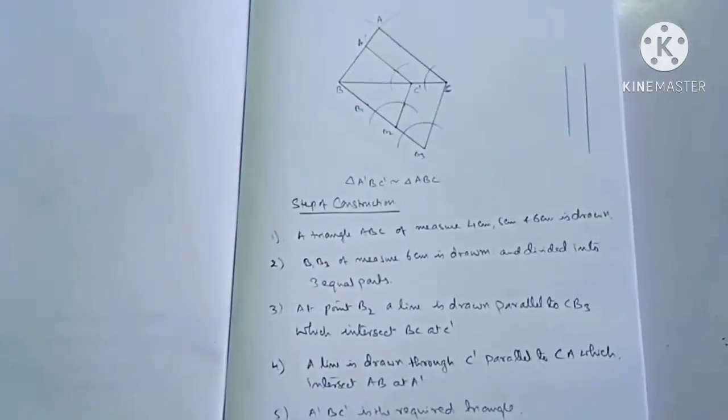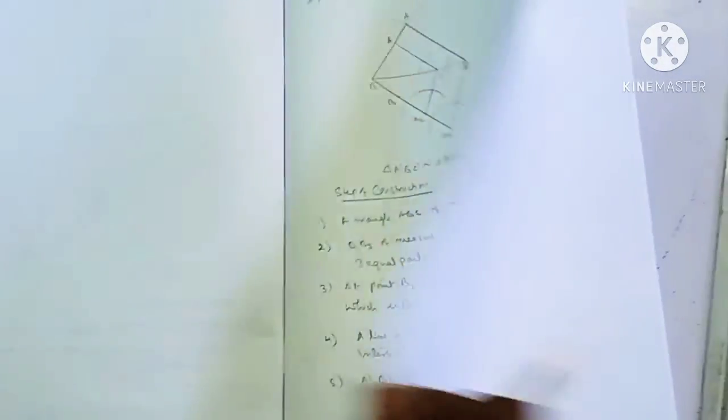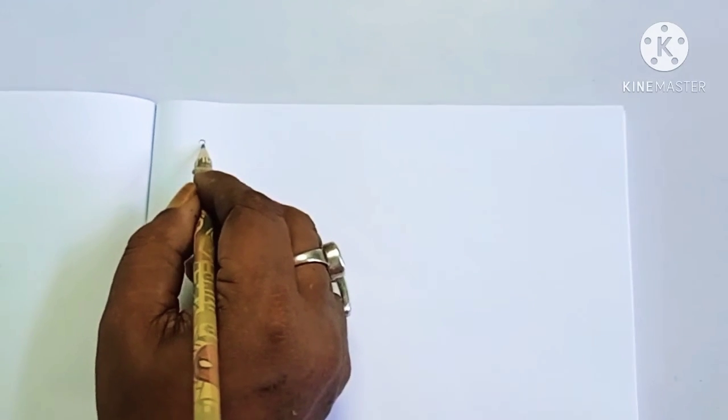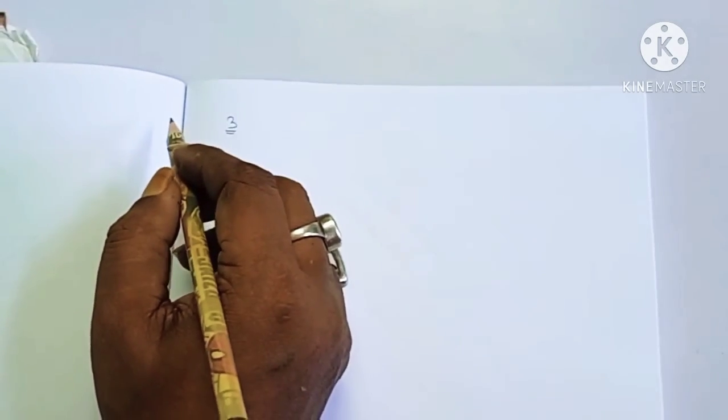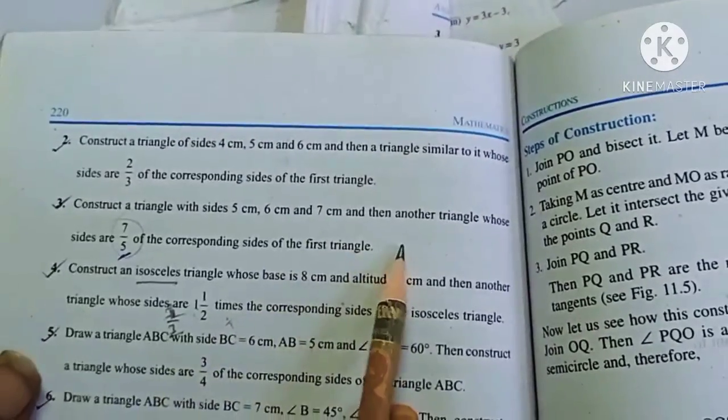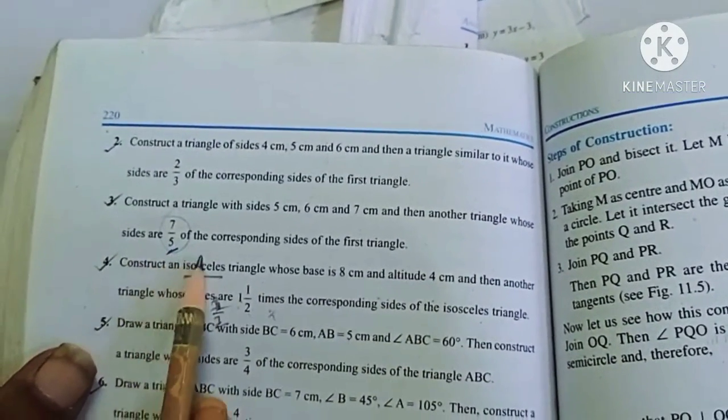Now I am going to question number 3. Question number 3, we have to construct a triangle with sides 5 cm, 6 cm, 7 cm, then another triangle whose sides are 7 by 5 of the corresponding sides of the first triangle.